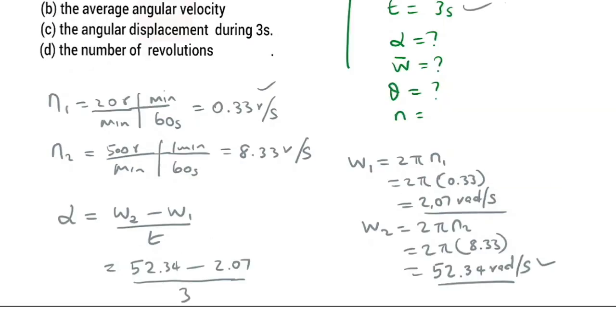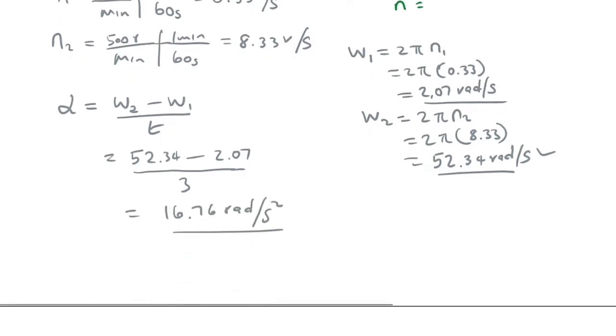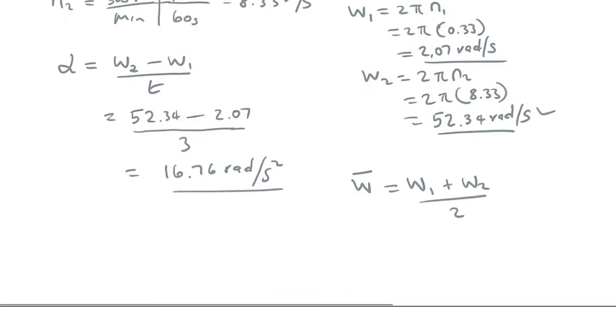Now let's calculate the average angular velocity. We will say average is angular velocity 1 plus angular velocity 2, divided by 2. That's how you calculate average angular velocity.